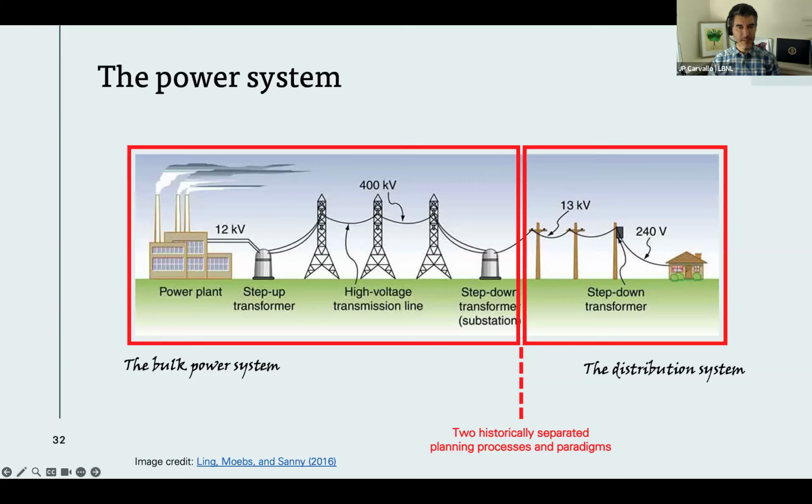There are specific differences between how these two systems work and how they have to be planned that justify quite important differences in the forecasting techniques that we're going to see in the next slide.